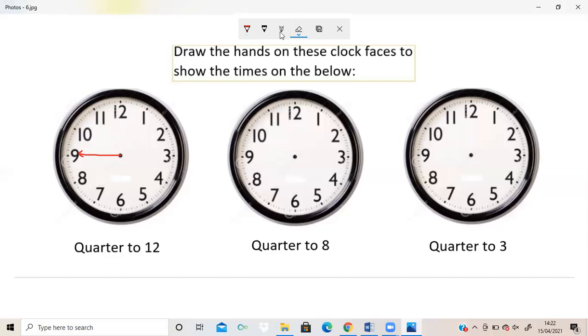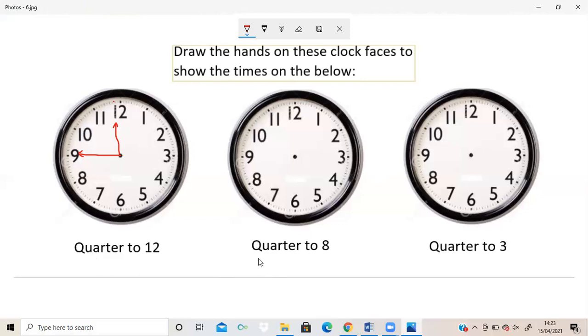Obviously, when you draw, you use your ruler, so you just put a tiny point here, and then you can join the line. Then it'll be helpful to draw the hour hand. So this is the time, 11:45. Please pause the video and try to do it yourself, and then you can check your answer with me.